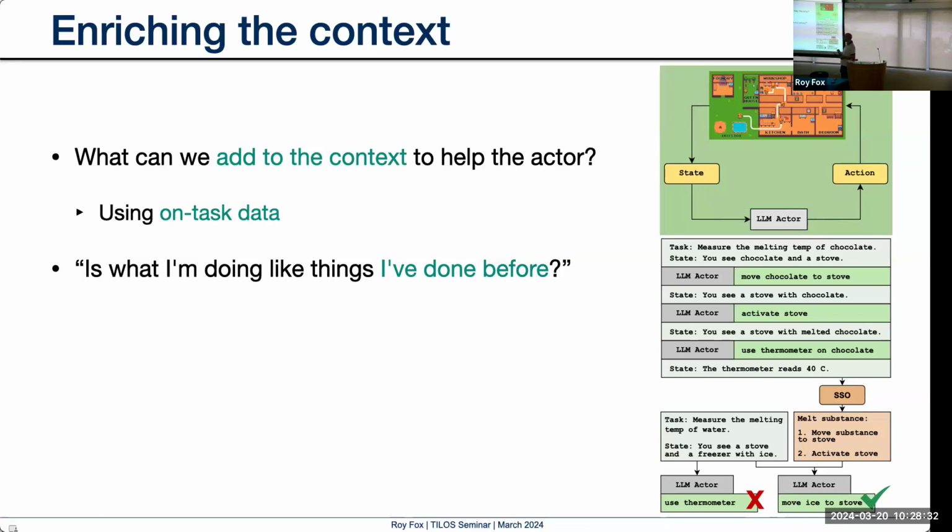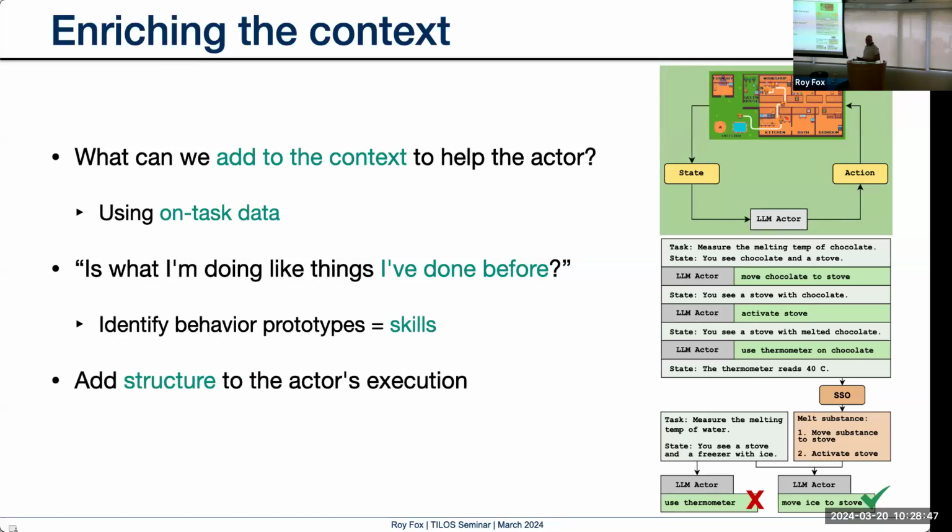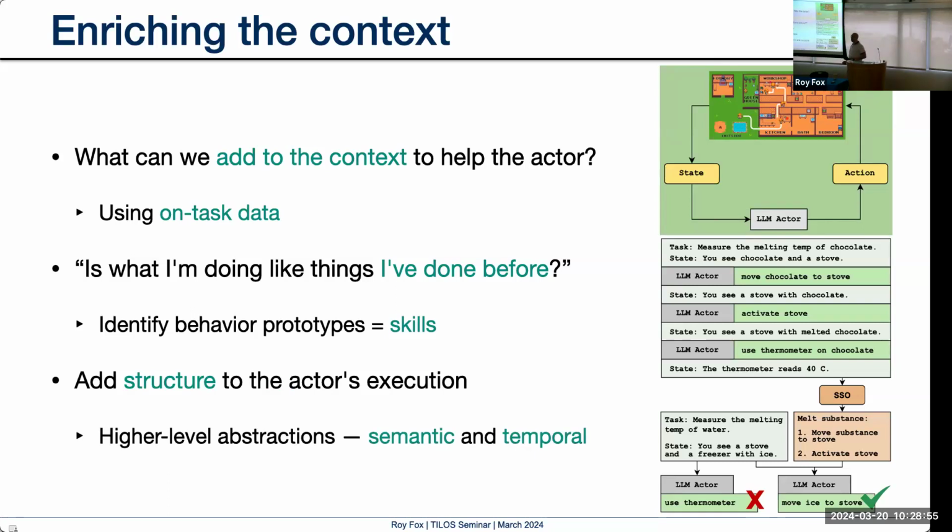How do you come up with these generalizations? We want to identify behavior prototypes, call them skills. There are different things called skills; in reinforcement learning, we'll call these skills. And that adds structure to an actor's execution. So you can think in terms of higher level abstractions.